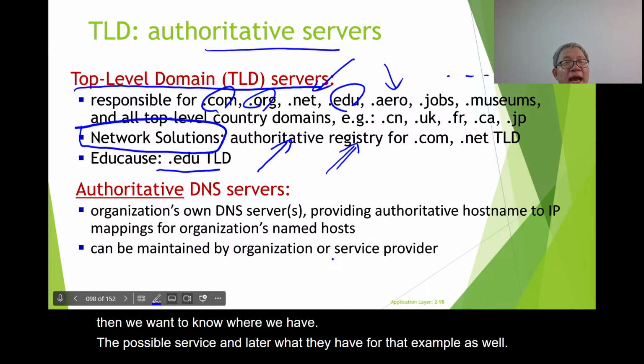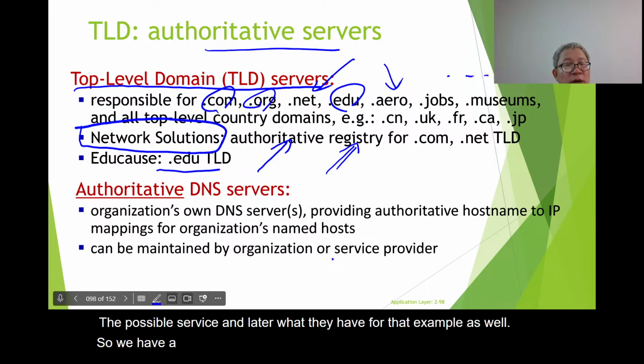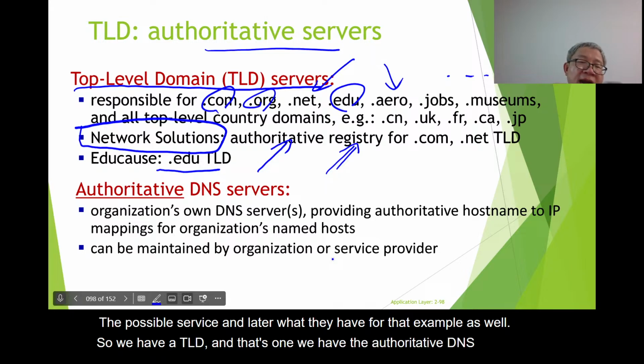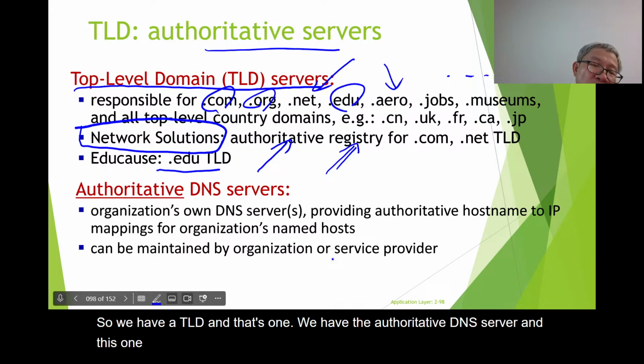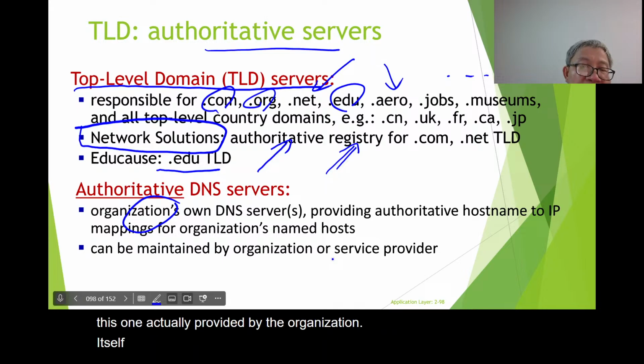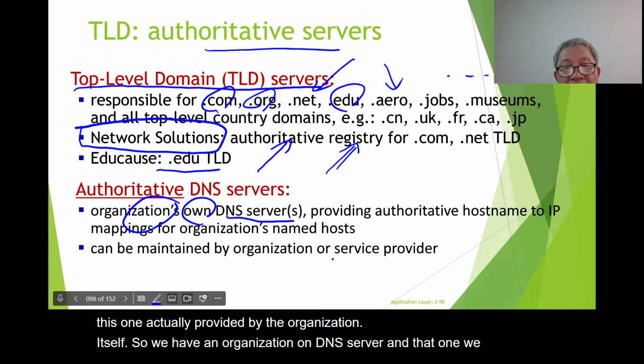Well, so we have the TLD. And next, we have the authoritative DNS server. This one is provided by the organization itself. So an organization has its own DNS server, and that one we call the authoritative DNS server.